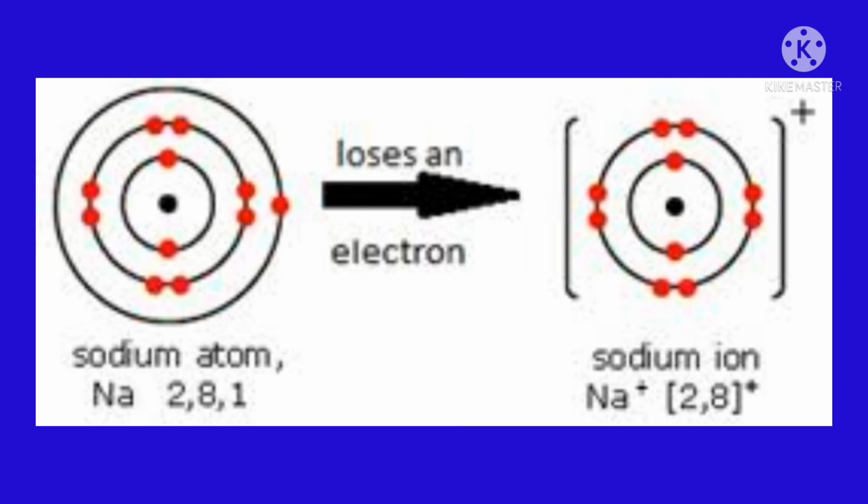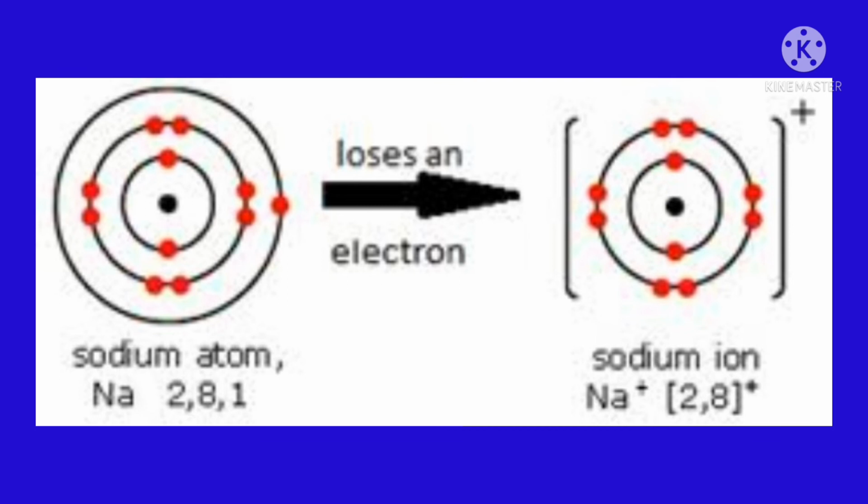So in order to attain stability, sodium will donate that one electron present in the last shell to the neighboring atom. After donating one electron, sodium forms a positive ion. So what do you understand? Likewise, all metals donate electrons and form positive ions.